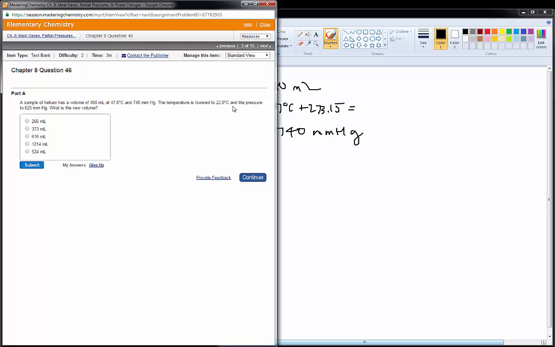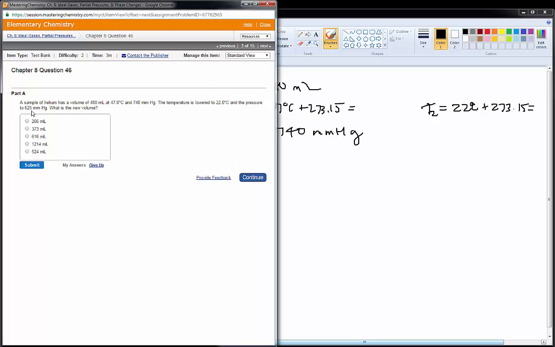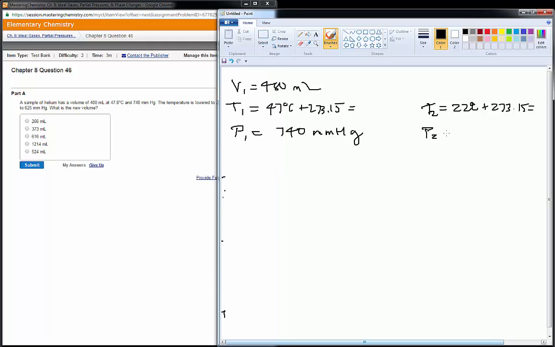The temperature is lowered to 22 degrees Celsius. Pressure changed to 625 millimeters of mercury. And what is the volume? And they're giving us units of milliliters. That's what they want. Okay.